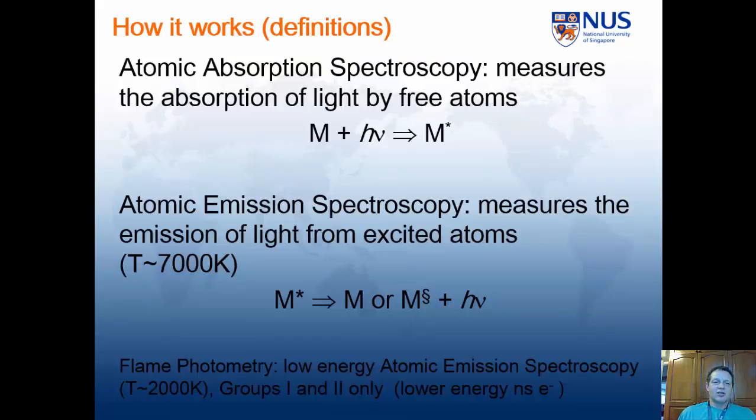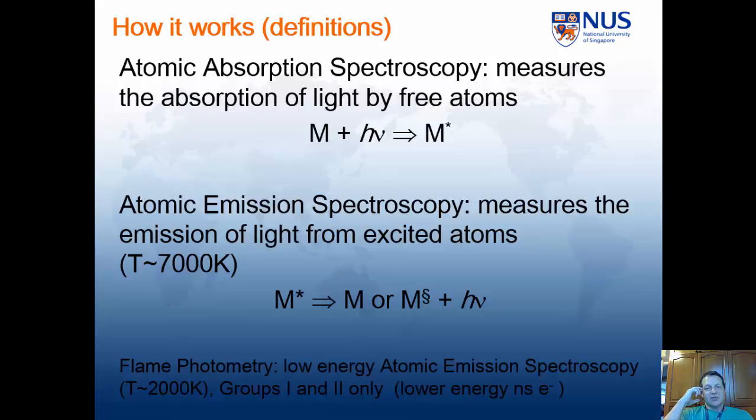So, how does it work? What's happening? What I'd like to do is think of maybe some of the techniques that you may have met before. So, atomic absorption spectroscopy, which is not what we're doing, actually measures the absorption of light by free atoms. So usually it's in an acetylene flame, and you spray, rather in the same way with ICP, you nebulize your sample so it goes into the flame as a fine spray.